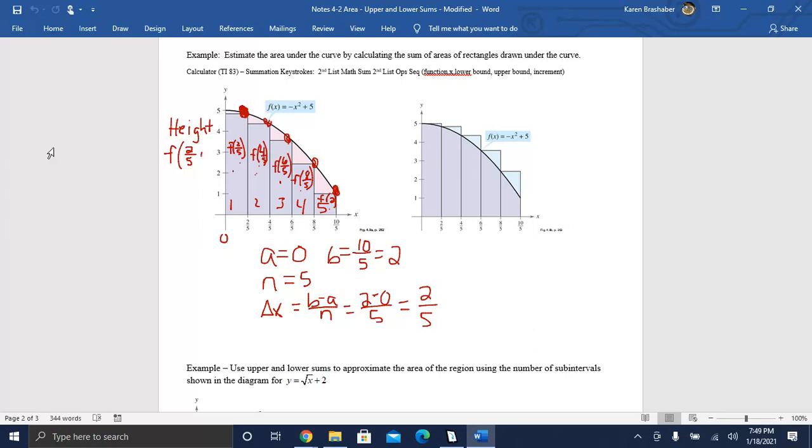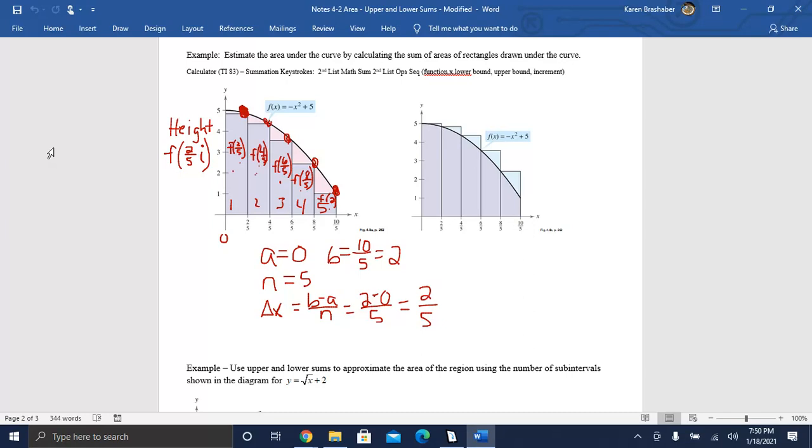So in other words, my counter, I'll use an I. If I went from 1 to 2 to 3 to 4 to 5 and multiplied that by my 2/5, I would be able to, in a general form, state the height of any one of those rectangles.